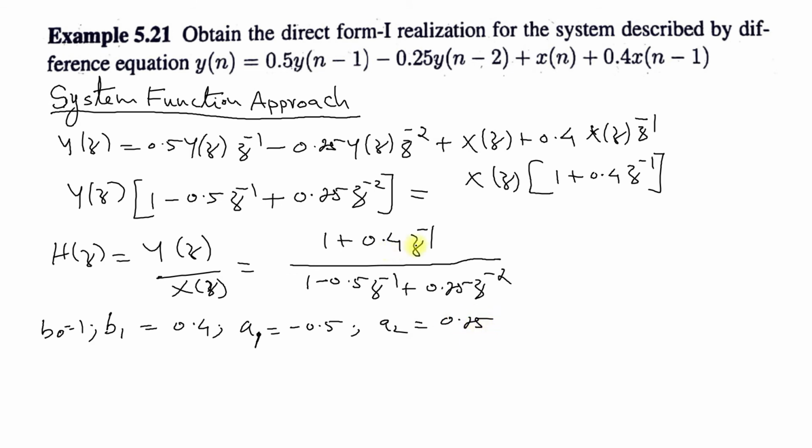Here in the numerator we have only one delay, so we can draw two adders on the input side, and the output side is of second order. We have two delays, so that we can draw three adders, then put the delays.